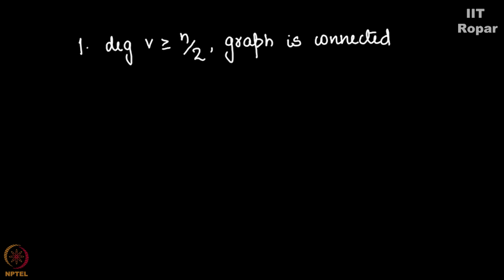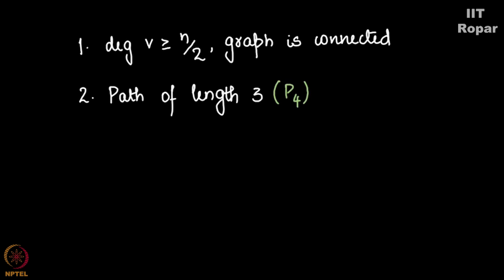Look at this. Here is a path of length 3. By length we mean the number of edges in the path. As you can note, the number of edges in a path is always 1 less than the number of vertices. So here is a path with 4 vertices. Its length is 3.